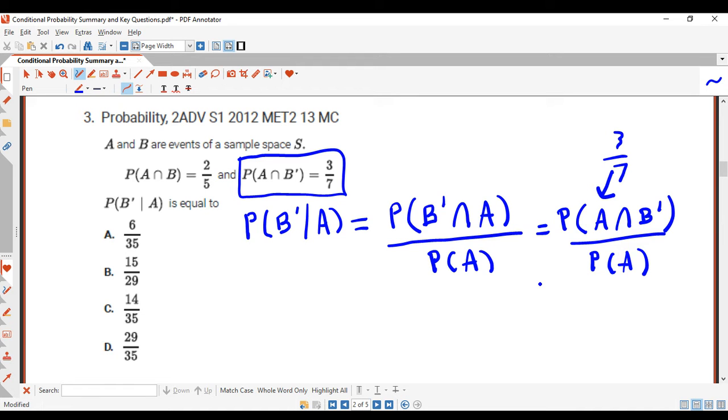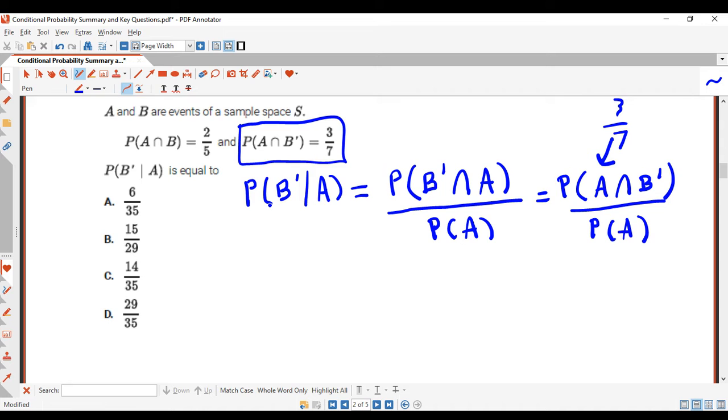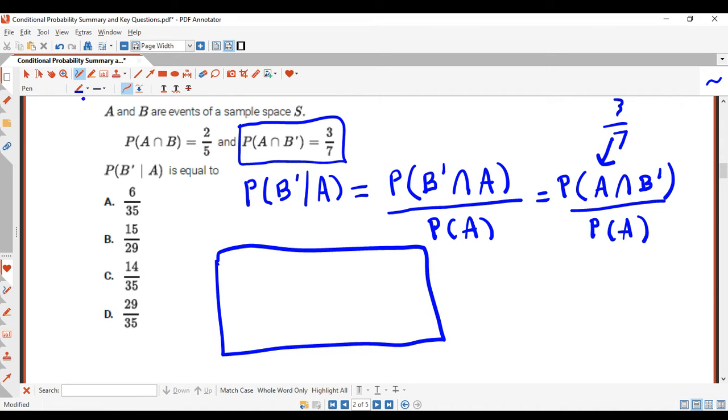To do that, we have to have an understanding of what A intersect not B is. So we're going to draw a Venn diagram here as our next step. Draw the rectangle, and let's do some overlapping circles.